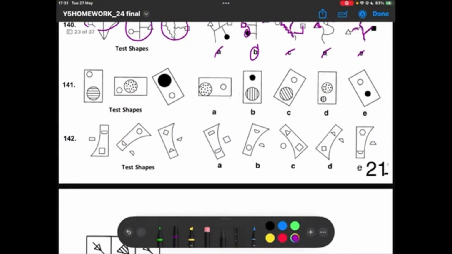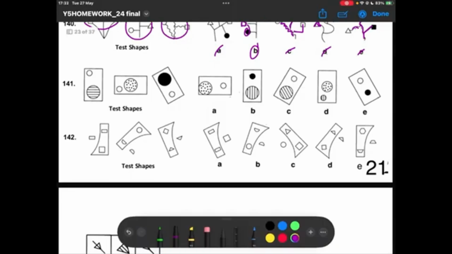Next question. We've got 2 circles, 1 small white one, and 1 larger patterned one. So the small one is always white. So we can rule out B because it's black. We can rule out D because it's striped. We can also rule out E because they're both the same size and they're both small. There's no bigger one.